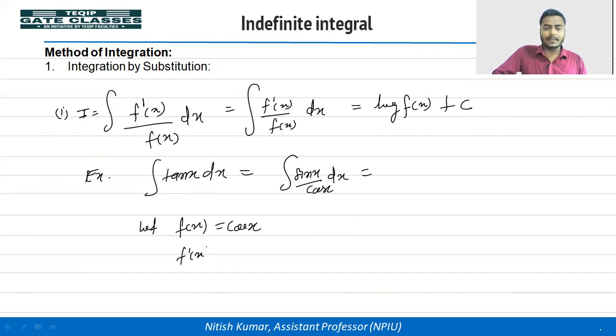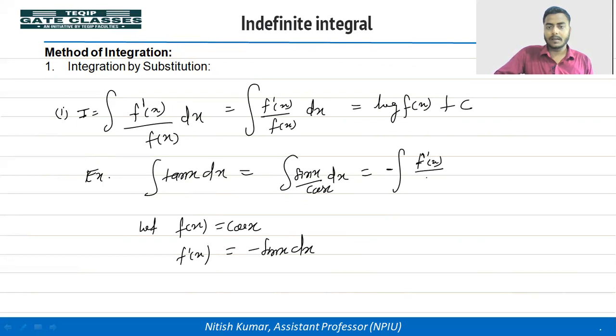So f dash x will be minus sin x dx. Sin x dx we can write as f dash x.